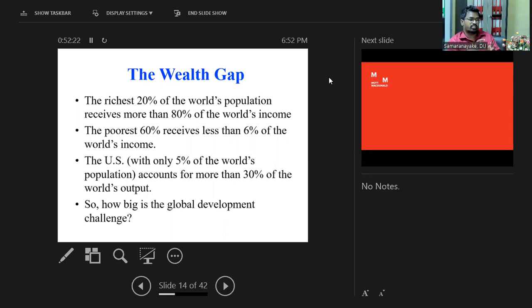And if we refer to the US as an example, they account for only around 5% of the world population, but they get more than 30% of the world output. What they all say is inequality, right? Especially we call it the wealth gap. So this is one of the key problems behind the key development challenges.